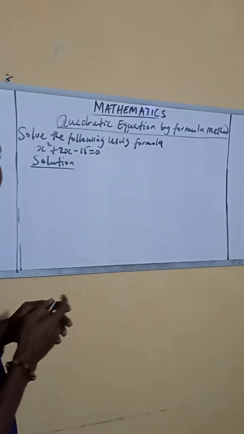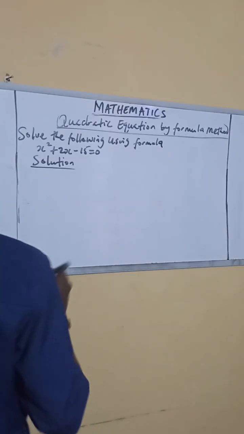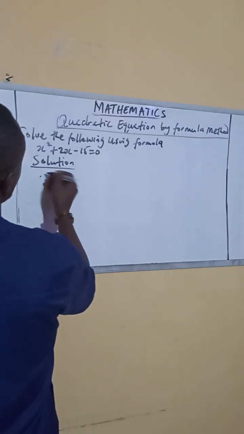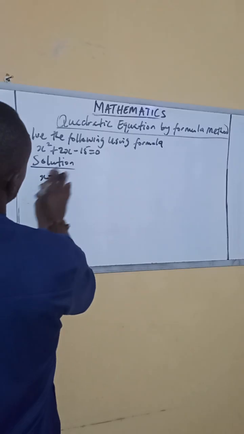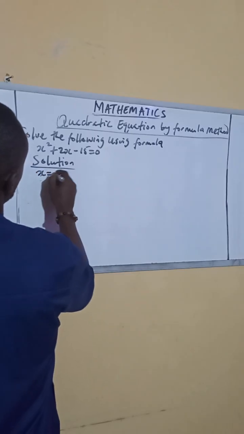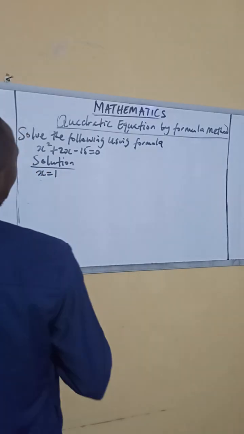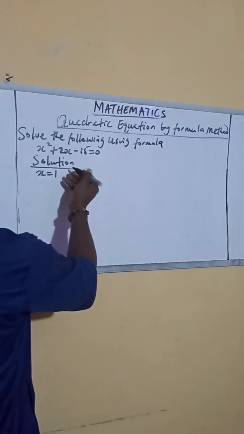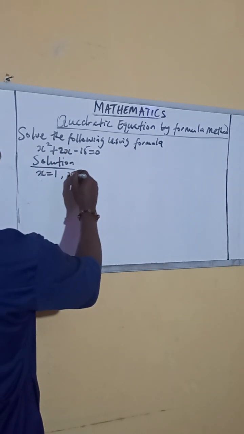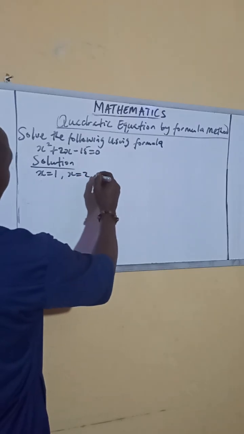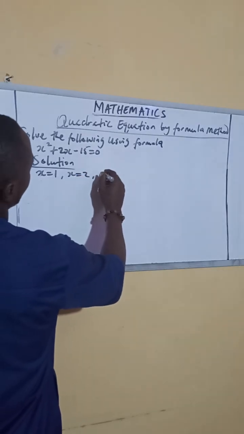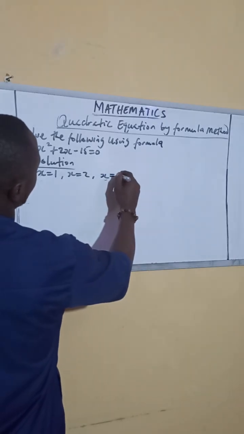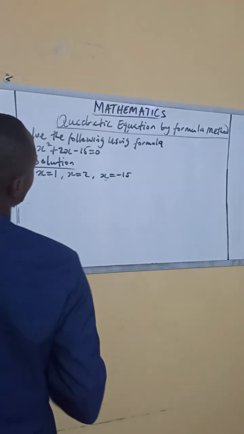It means that here we have X squared as 1, here we have X as 2, and here we have the constant, minus 15.